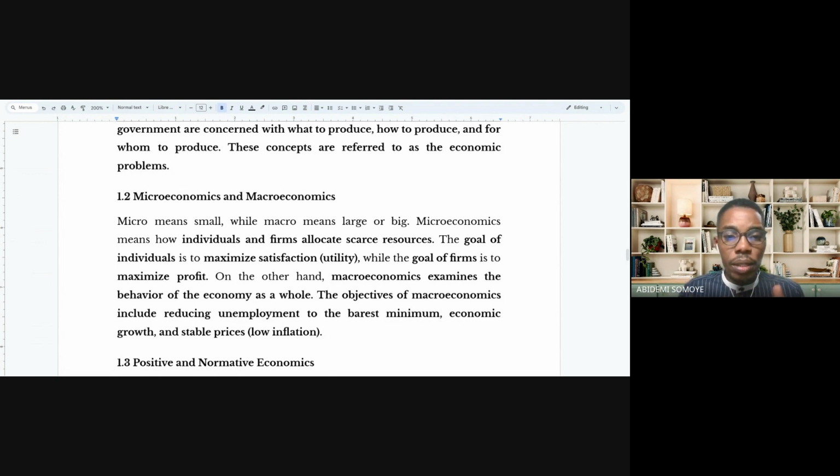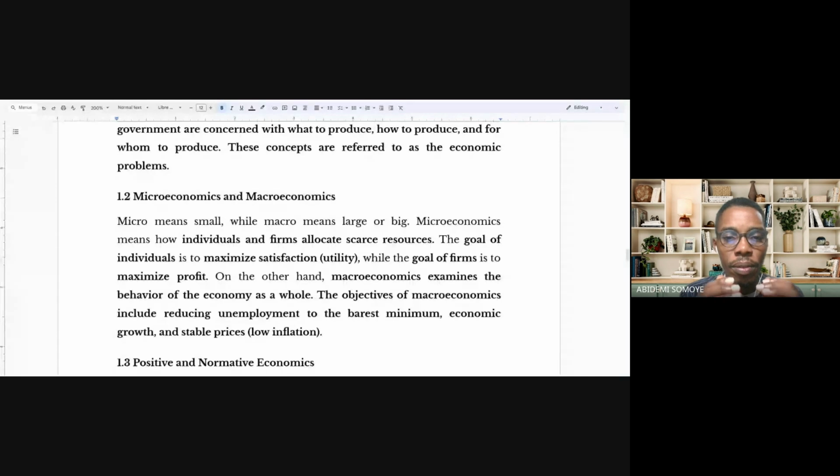The objectives of macroeconomics include reducing unemployment to the barest minimum, ensuring economic growth, and ensuring the prices of goods and services are stable.